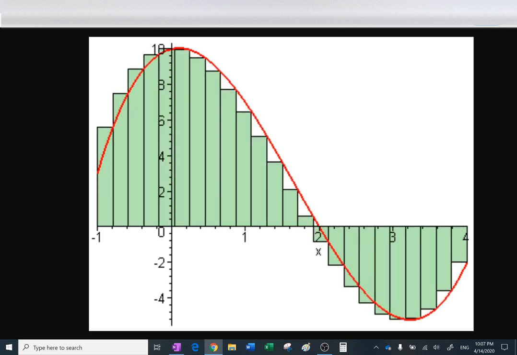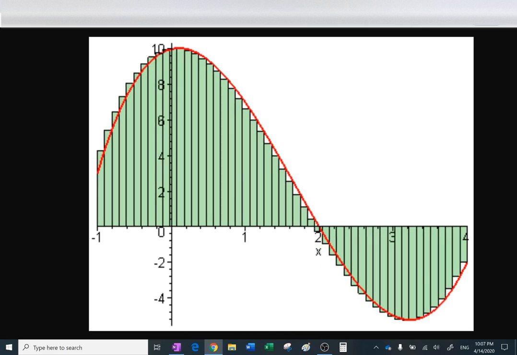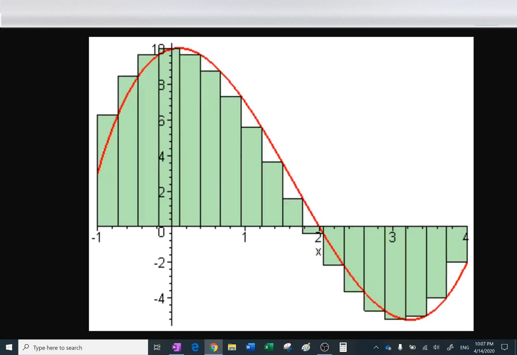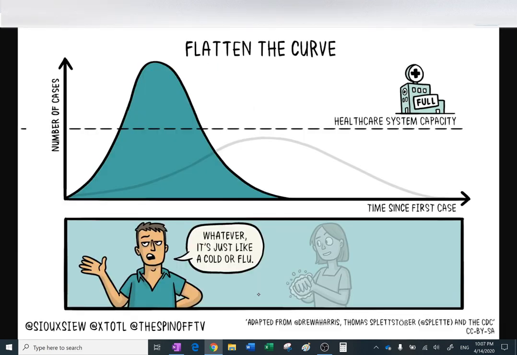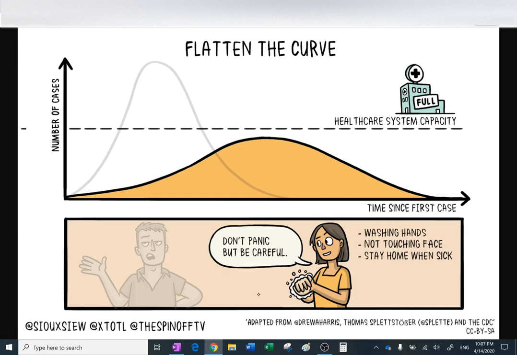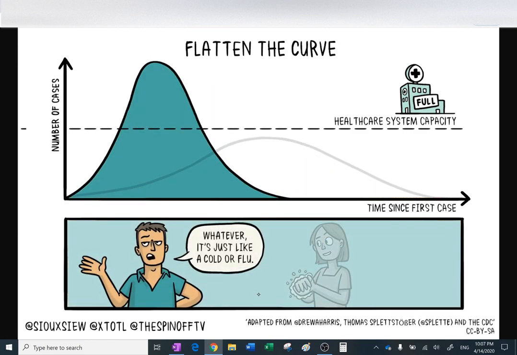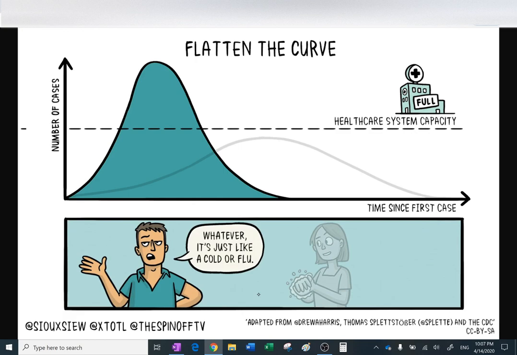This is the example where a graph can be located above or below the x-axis, and area will be counted as positive and negative. We're going to teach you this later. And finally, this nice animation I wanted to show at the end. If you care and you wash your hands and stay at home, the area goes below that threshold point where the health system capacity can handle the number of sick people in one day.